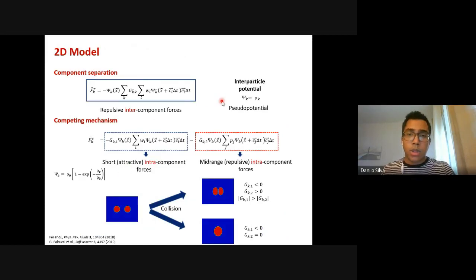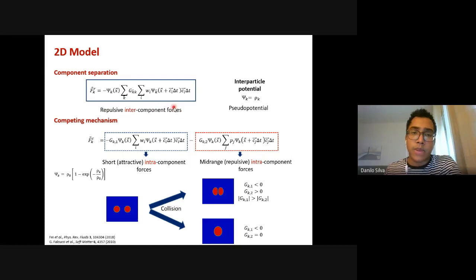So it's important to look at what has been done. For example, there is the Shan-Chen model, which has been extensively studied using this type of interaction. If we want to have two different fluids, we need the component separation given by this expression, where we have our interparticle potential, which is equal to the density, K is our type of fluid, and G is the strength of the interaction.